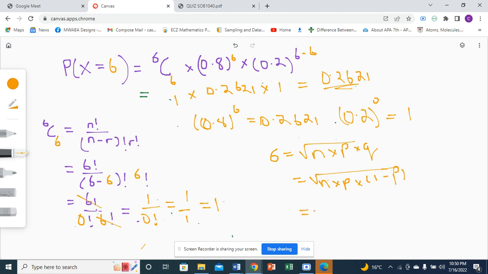All right, so the number of trials was 6. Probability that the marketing strategies are effective is 0.8, and our q is 0.2. So we are going to say 6 times 0.8 times 0.2. You get 0.96. You get the square root of 0.96.